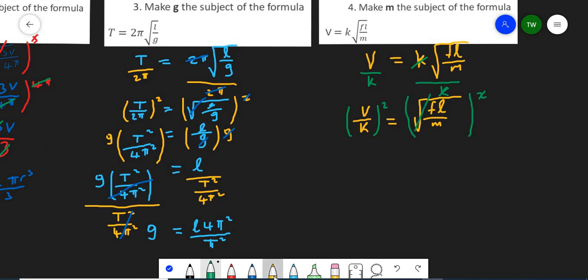So what we're left with on the right here is just a fraction, which is FL all over M. And then V over K all squared means V over K times V over K. So this is just the same thing as V squared over K squared.